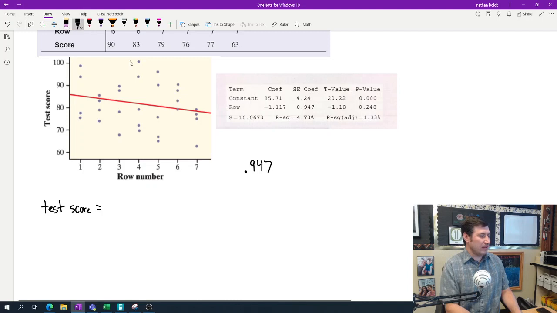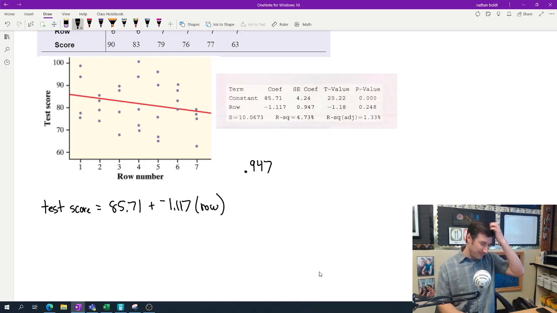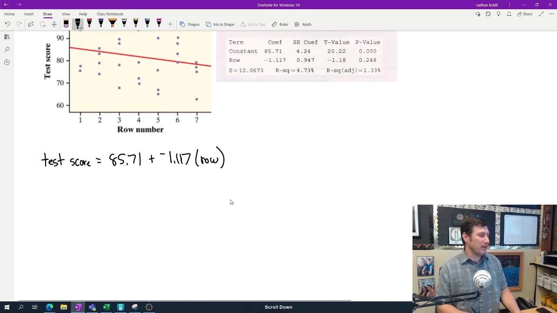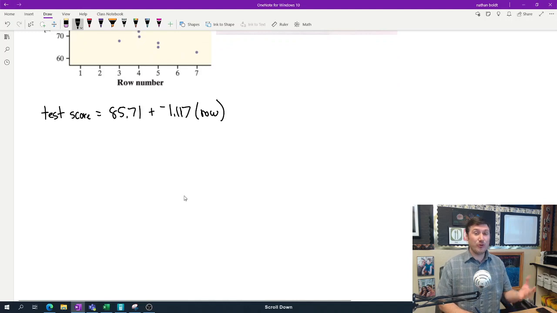That's the standard error, isn't it? 85.71 plus negative 1.117 times row number. So a slightly negative association there, huh? But we know negative 1.117 will have some sample variability. So what is the confidence interval for the true slope?